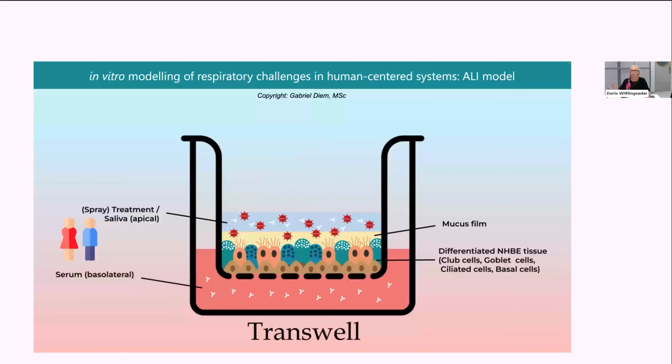And then we can add the different variants of concern of SARS-CoV-2, for example, and test whether the vaccination is effective against newer variants of concern, whether we have salivary antibodies which are effective against the variants of concern, or we can do quite a lot of tests within this system.